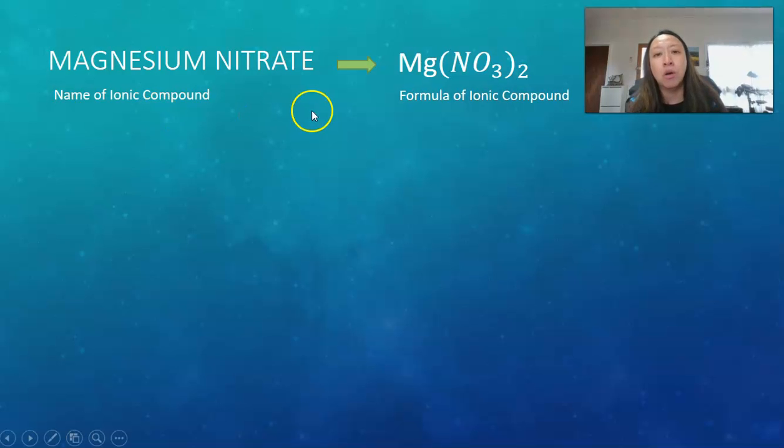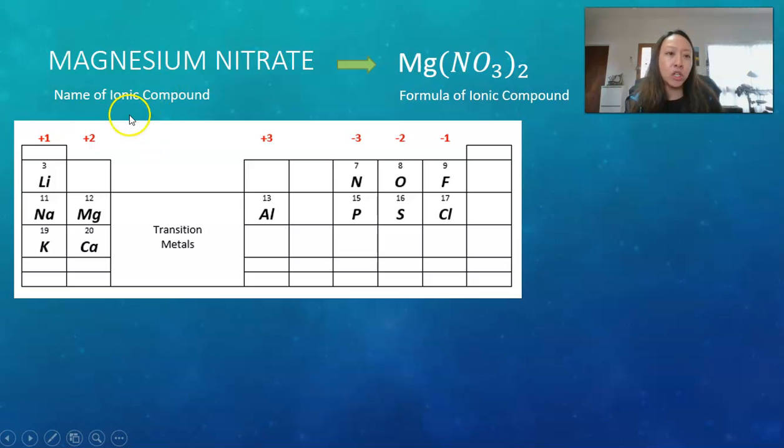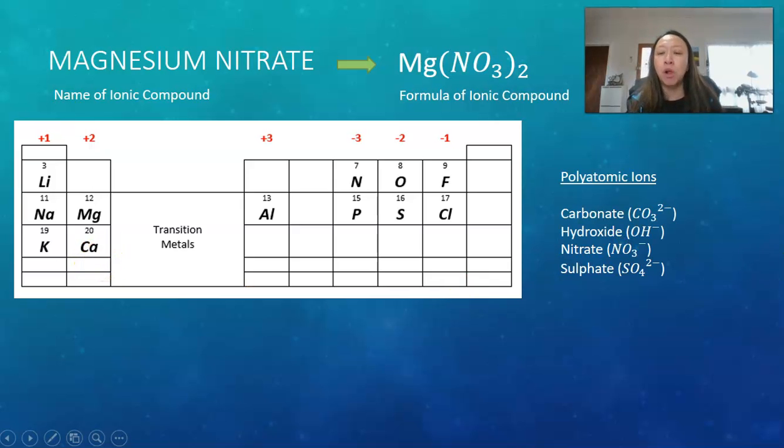Magnesium is on the second column over here, so it has a +2 charge. A nitrate is a polyatomic ion, and therefore we have to use the list provided. We know that nitrate has a -1 charge.